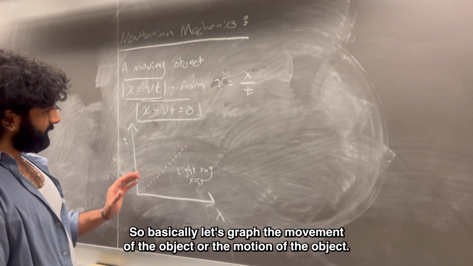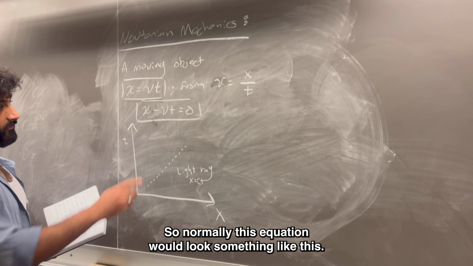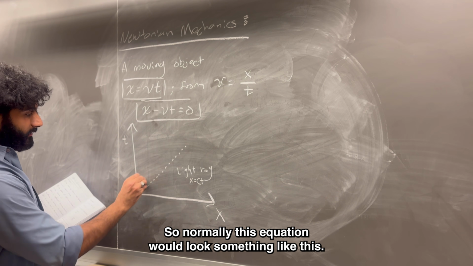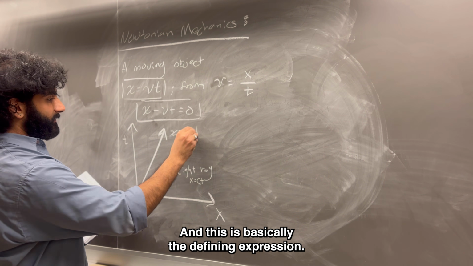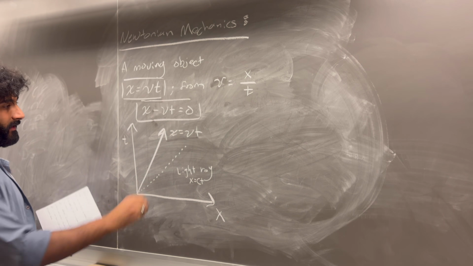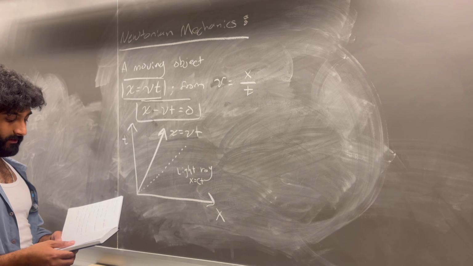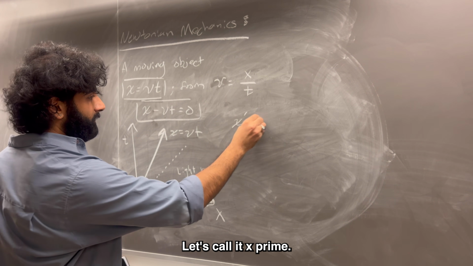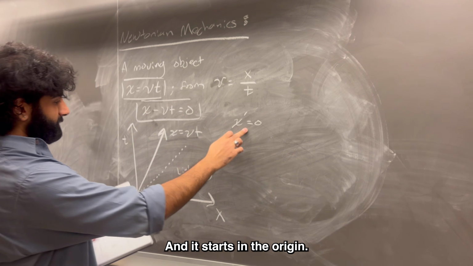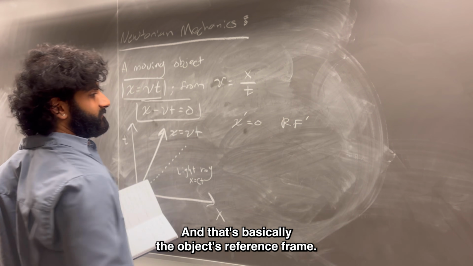So basically, let's graph the movement of the object, or the motion of the object. So normally, this equation would look something like this. And this is basically the defining expression. And let's imagine there is another object. Let's call it x prime, and it starts in the origin, and that's basically the object's reference frame.